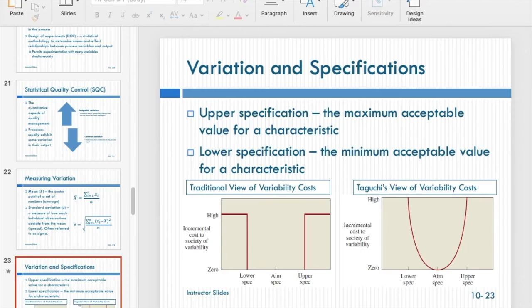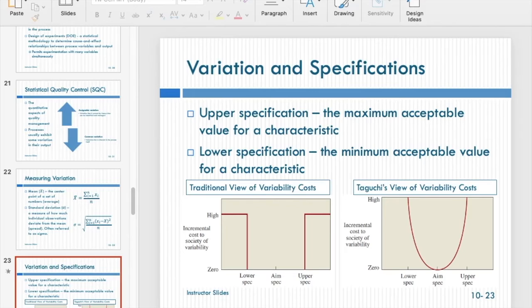But what is the Taguchi view on the right-hand side? The core idea is that it changes the discrete range to a continuous range.